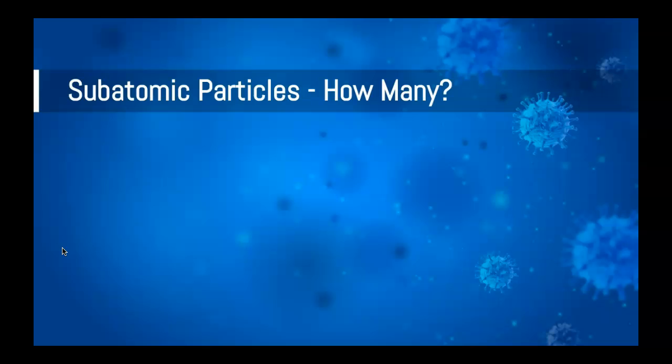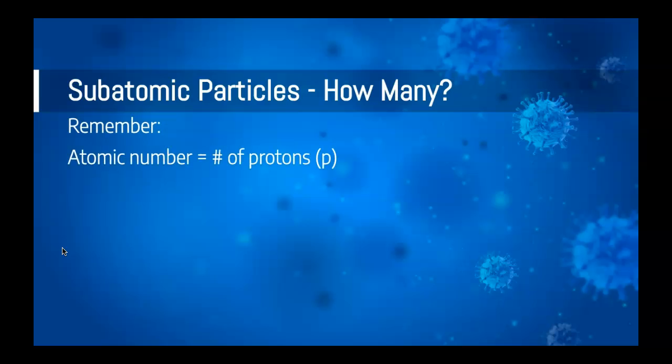Why would we do this? Well, those two numbers are going to help us figure out how many subatomic particles can be found in an atom. So, a reminder. The atomic number tells us the number of protons, and that we usually use the symbol P for. The atomic number also tells us the number of electrons, and we use the symbol E for that. But what about neutrons?